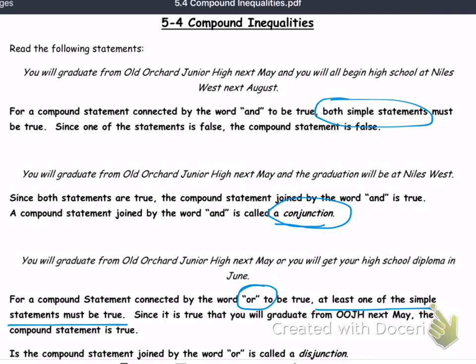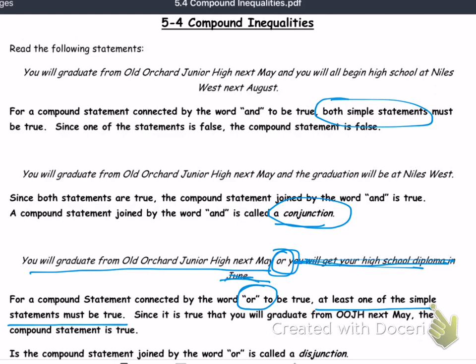Since you are obviously not receiving your high school diploma in June, I'm just going to X out that one. That's not true, but because of the word OR, and the other part is true, that makes the entire statement true. The word OR is called a disjunction. So a conjunction is with an AND, a disjunction is with an OR.